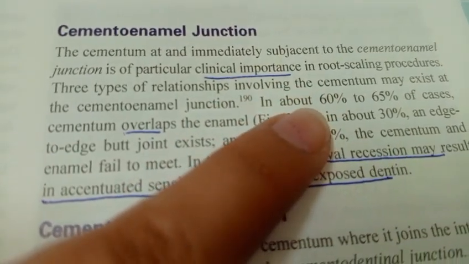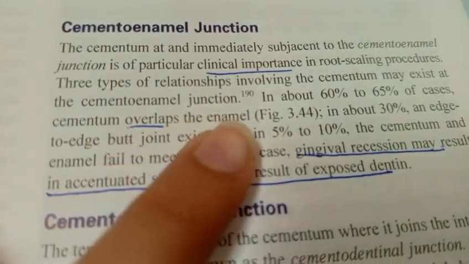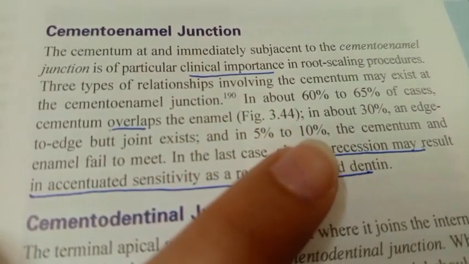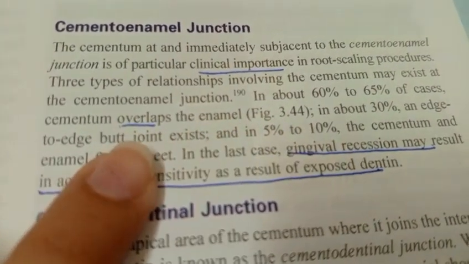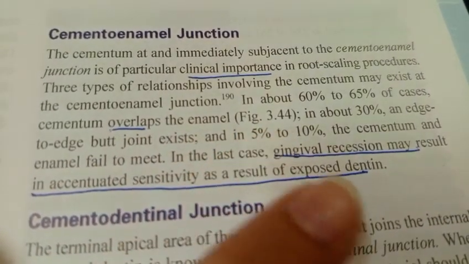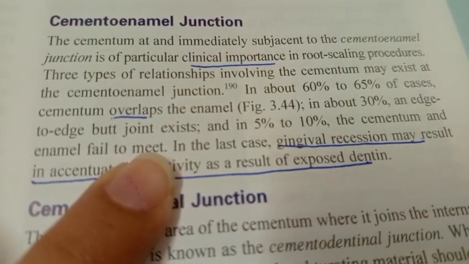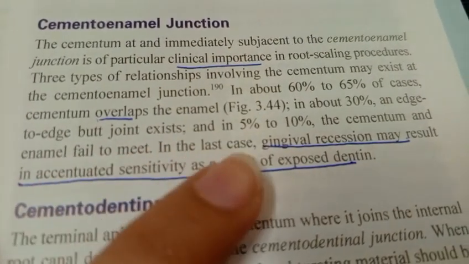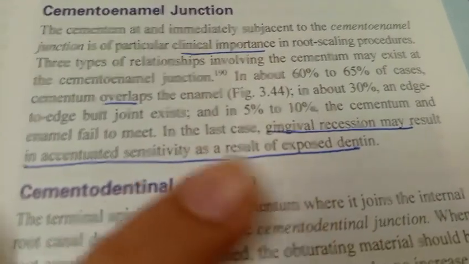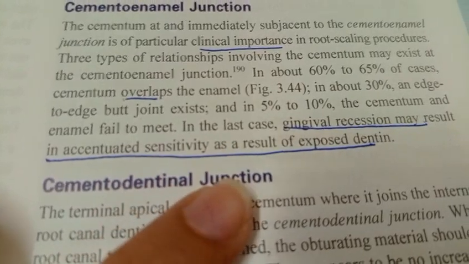In 60 to 65% of cases, the cementum overlaps the enamel. In 30% there is an edge to edge butt joint, and in 5 to 10% the cementum and enamel fail to meet. In the last case, where cementum fails to meet, there is gingival recession, and that may result in sensitivity as a result of exposed dentine.